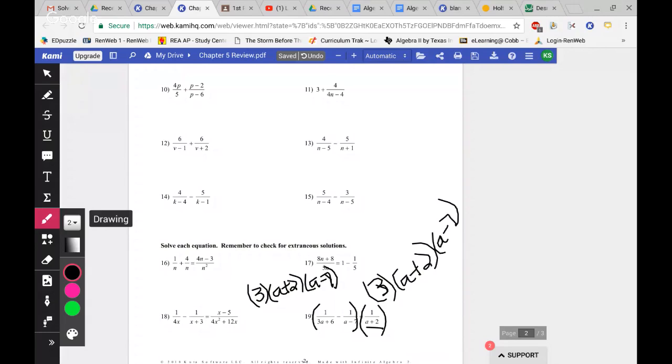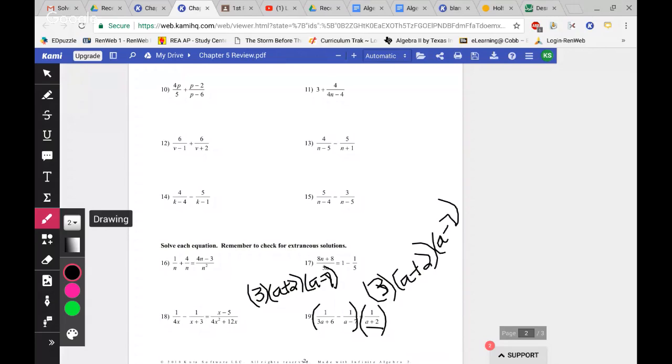So anyway, now we've got our common denominator for both sides of the equation. So now we'll break it down. What we'll look at is how many times that 3a plus 6 will go into this big, huge, quote unquote, common denominator.